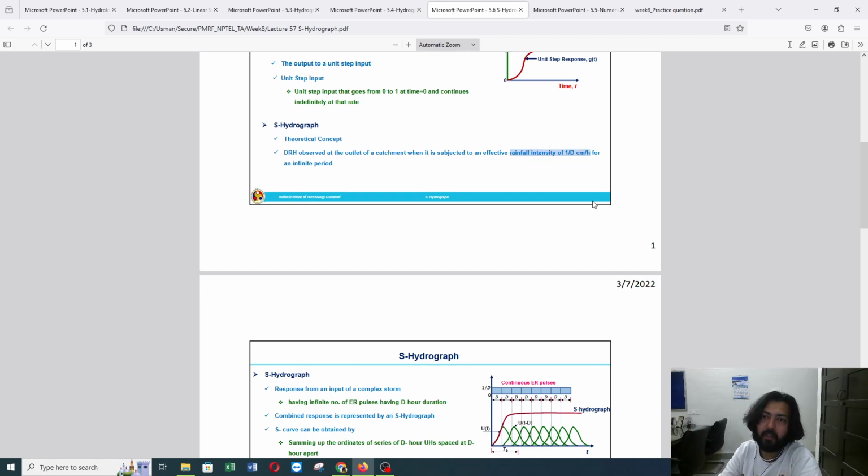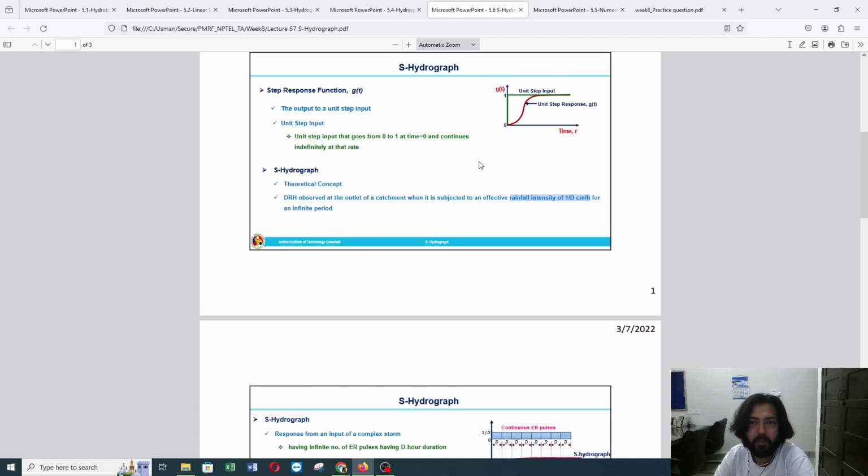The important thing here is that it is subjected to an effective rainfall intensity, whereas the unit hydrograph was subjected to unit excess rainfall. Here it is because of a unit rainfall intensity of 1 by D centimeter per hour.